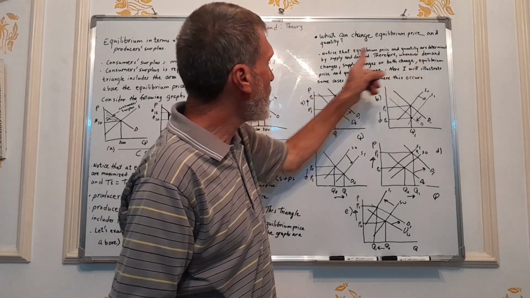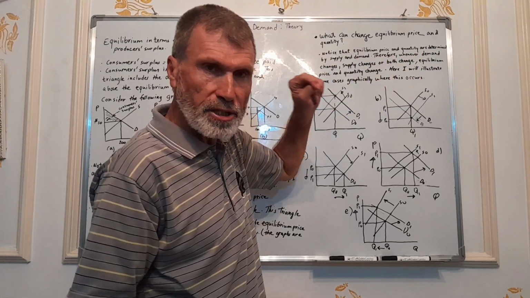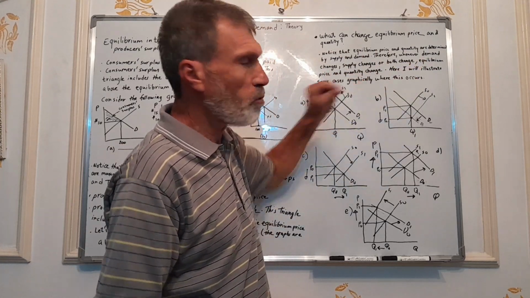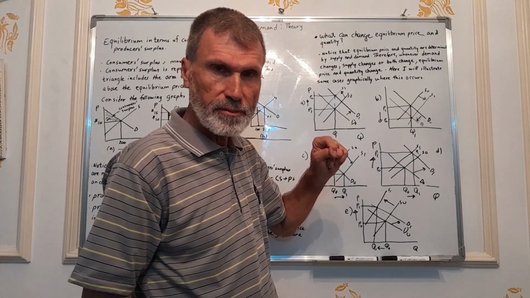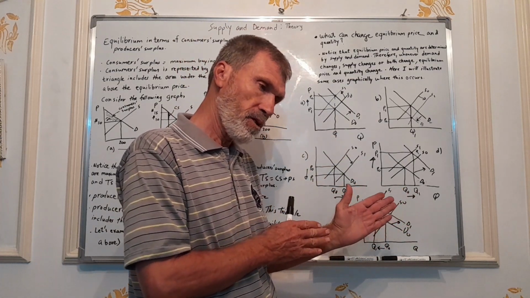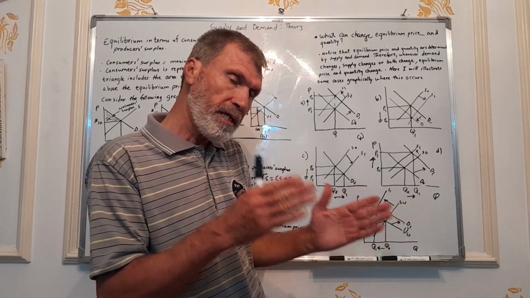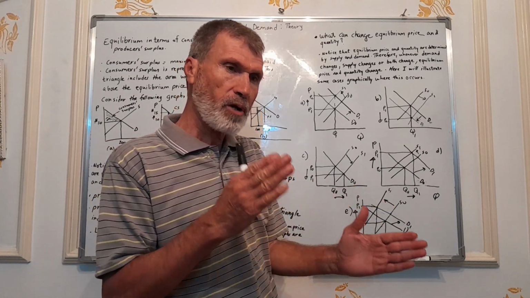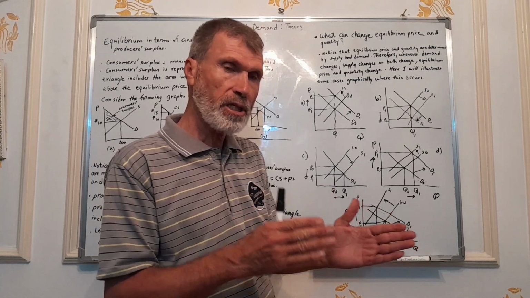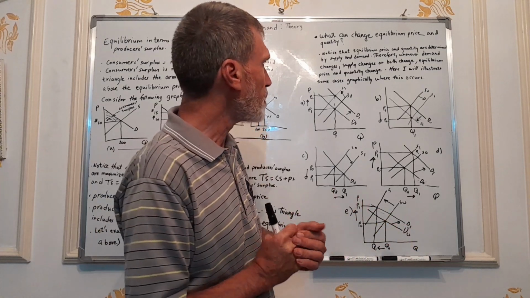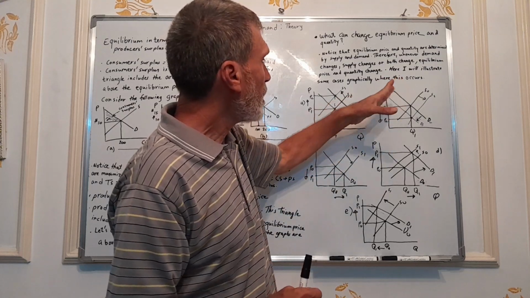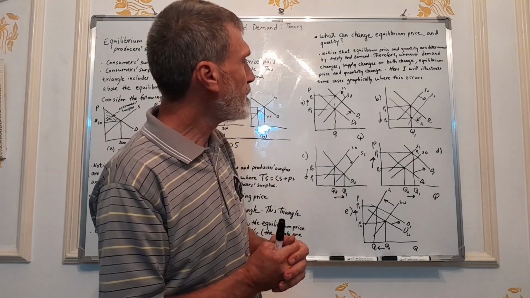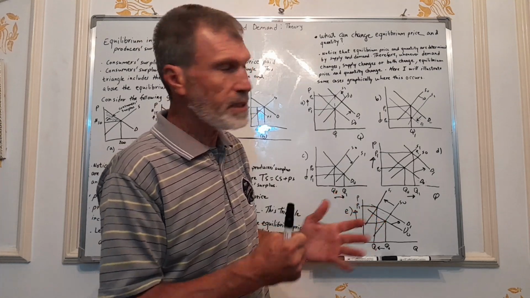Therefore, whenever demand changes, supply changes, or both change, the equilibrium price and quantity will change. Now I will illustrate some cases graphically where this occurs.